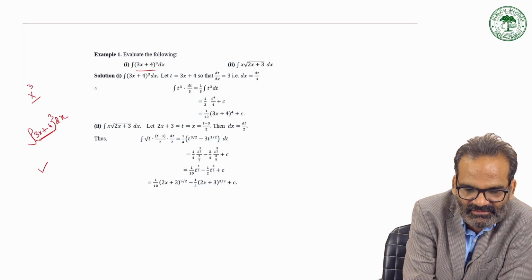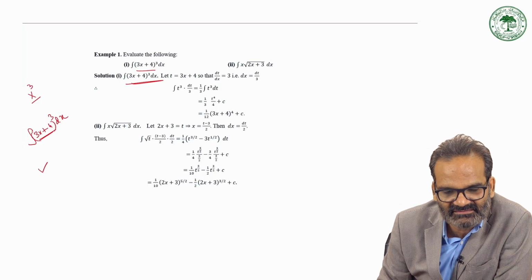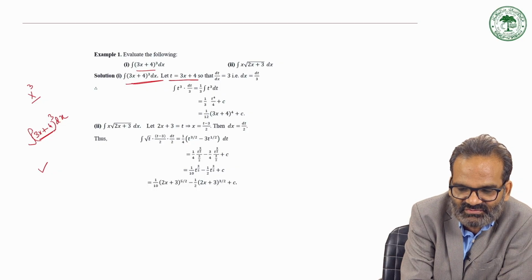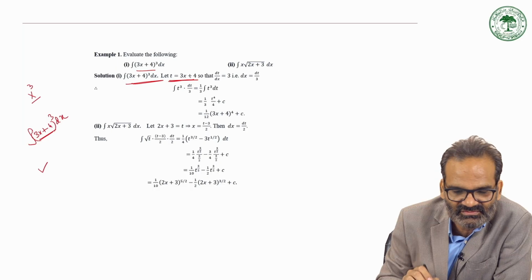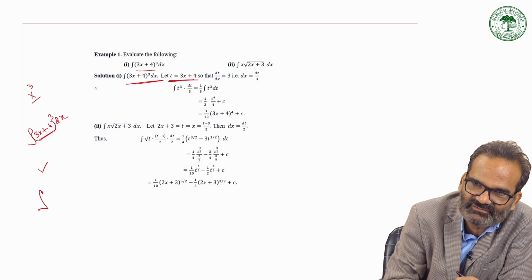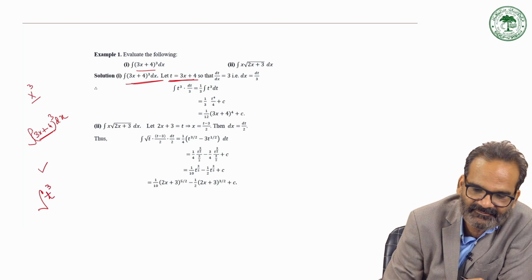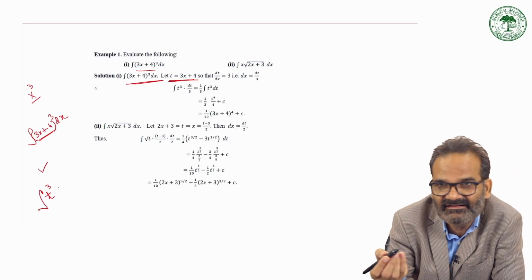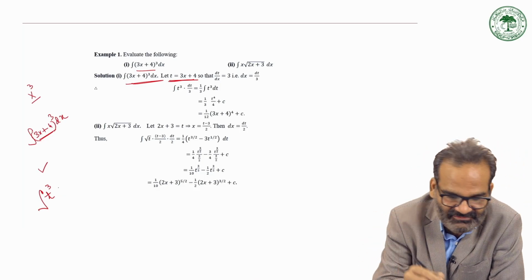So see what we will do. We want to integrate this function (3x + 4) raised to the power 3. We take t equals 3x + 4. So see, what will we change? We have taken 3x + 4 equals t, so it has been transformed to t cubed. dx, naturally if this is t, then dx should be transformed to dt, and this we can calculate from here.